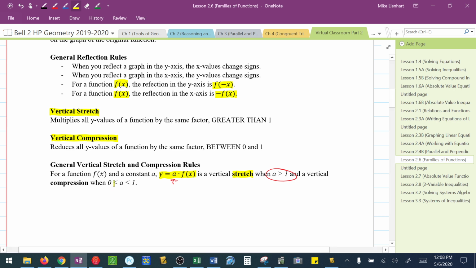If a is between 0 and 1, it's a compression. If a is negative, it's not a stretch or a compression. That negative doesn't have any impact. That goes back to our reflection rules. That negative in front would tell us I reflected over the x-axis. So a is always going to be a positive value.